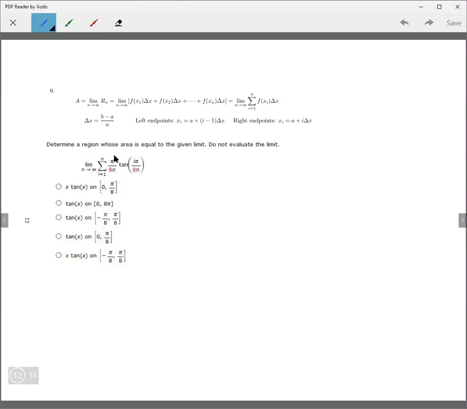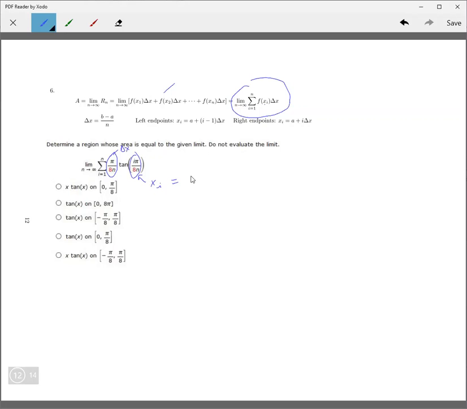If we compare with this, it looks like this piece right here would be our delta x, and this piece right here would be our xi's.